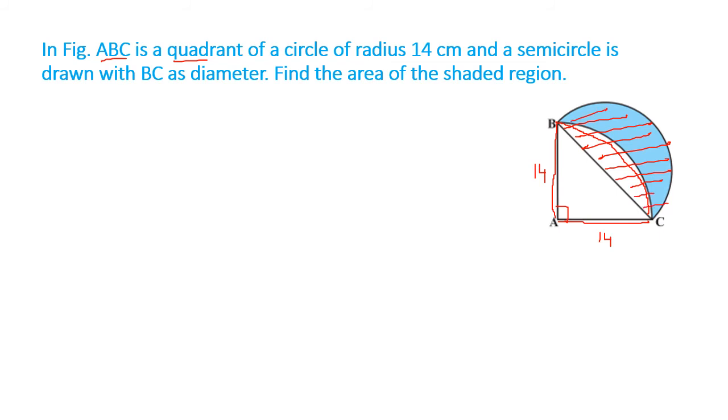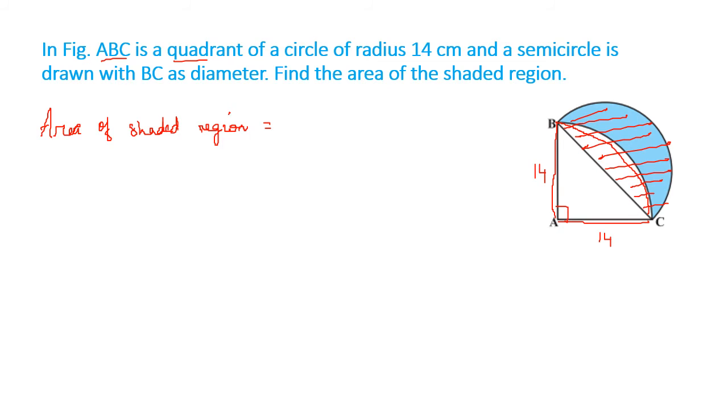Okay. But we have to only find the area of the shaded region. So how will you find the area of the shaded region? Let us think of a way. Area of shaded region. Come on, tell me, how will you find the area of shaded region? What will you do?